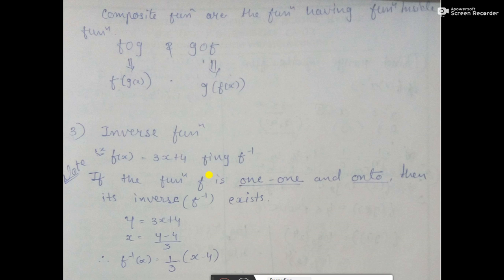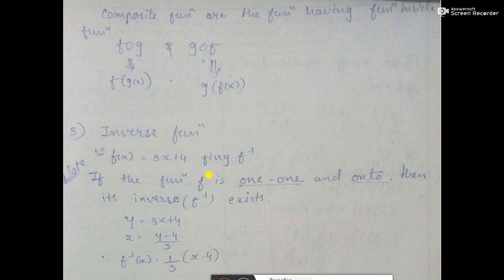Next is the inverse function. An inverse function is nothing but you need to invert your given function. It means first you need to invert it and then you need to place the value of x. Here you need to note down that if the function f is 1 to 1 and onto, then its inverse will exist. 1 to 1 means what?